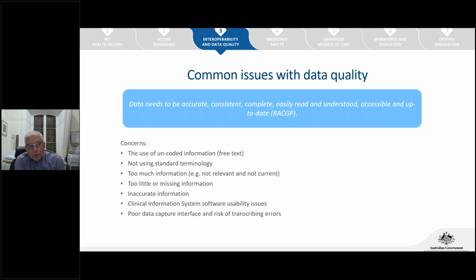I think the first one, use of uncoded information, the key there is that it is the last resort. If the coding system doesn't have the code, now SNOMED terminology is updated quite a lot, and that's a very large database of terms.